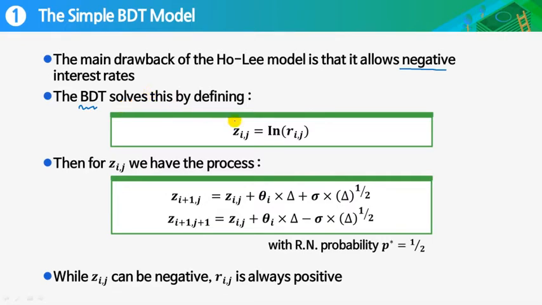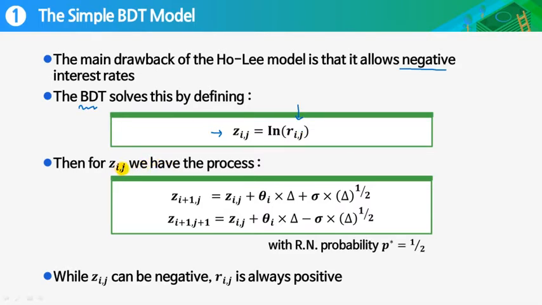In other words, we take the log of the interest rate and model the process of z_ij, which is log of r_ij. So instead of modeling r_ij, if we model z_ij, we can ensure that the interest rate is always positive because, as you know, in the logarithmic function, the domain is always positive.